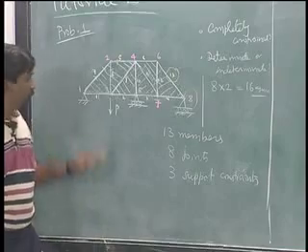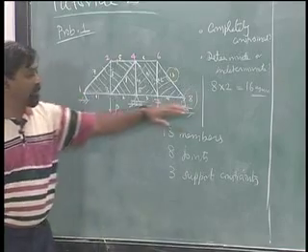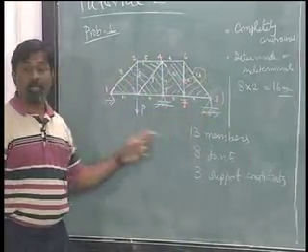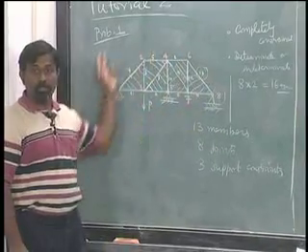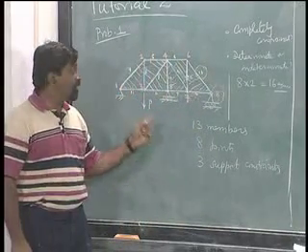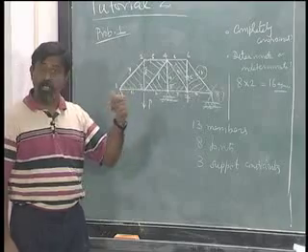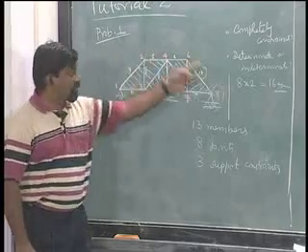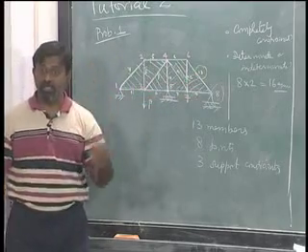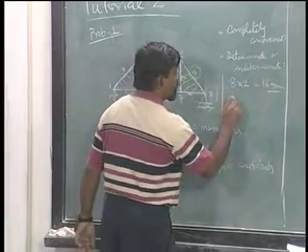Apart from this, it is possible for me to remove these and write the equilibrium for this particular rigid body. Unlike the joints which are like particle members, this is a rigid body, which means I can generate 3 equations.